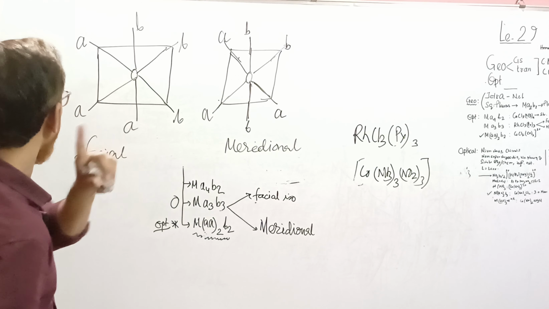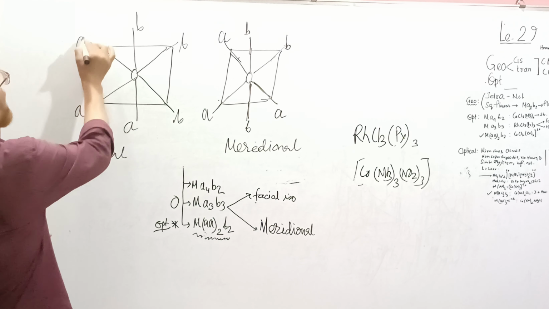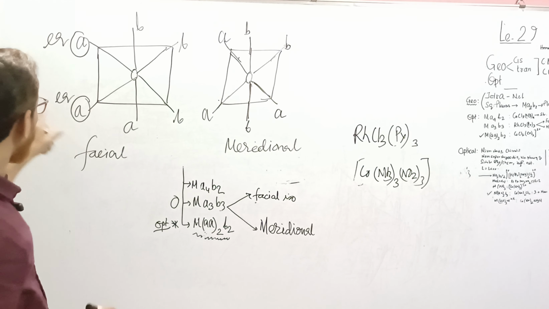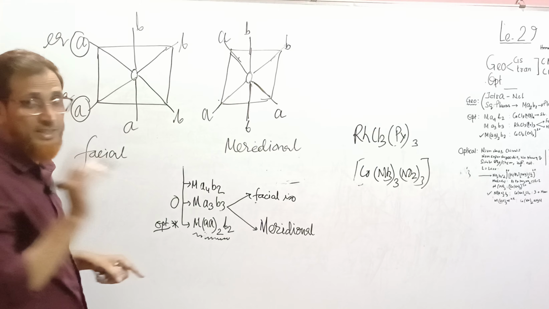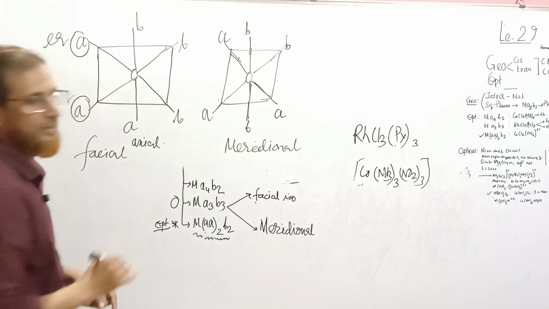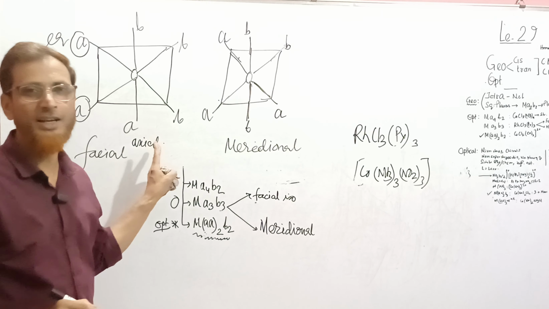Very important. How? See, the same type are in equatorial positions, and this same type one is in axial position. You may not have an idea of equatorial and axial; I am showing you a bit later.